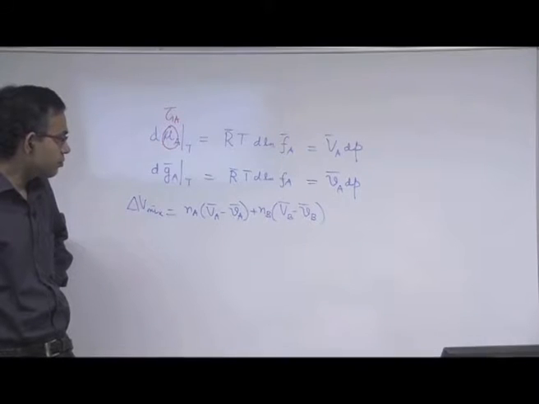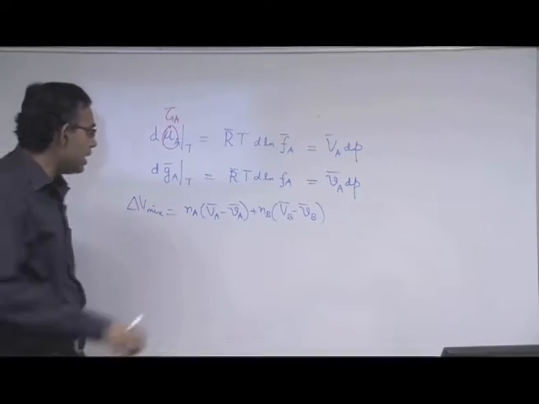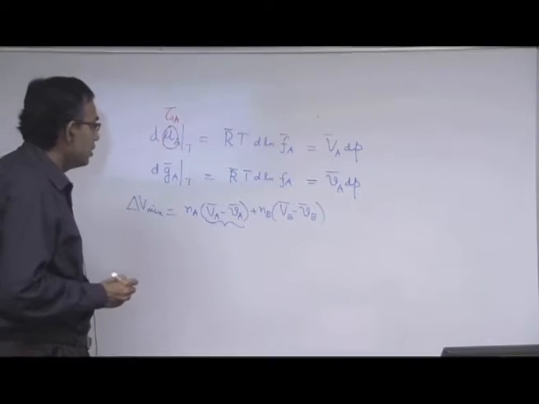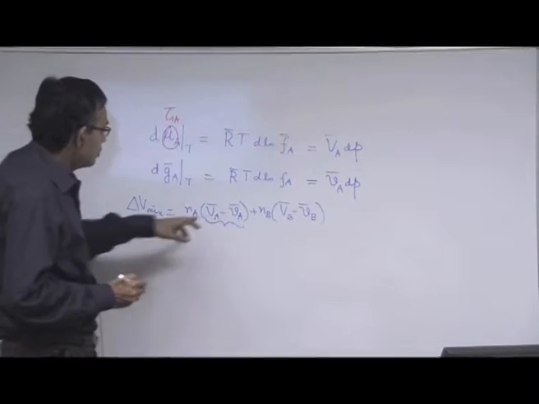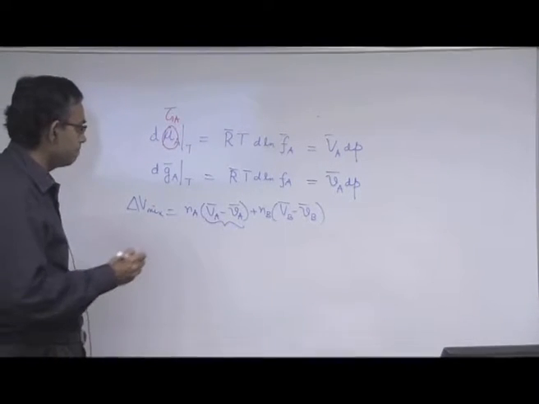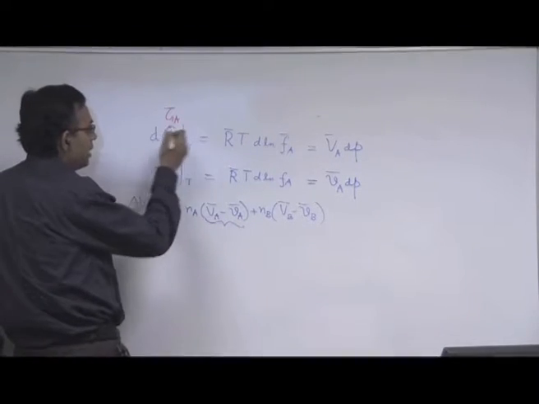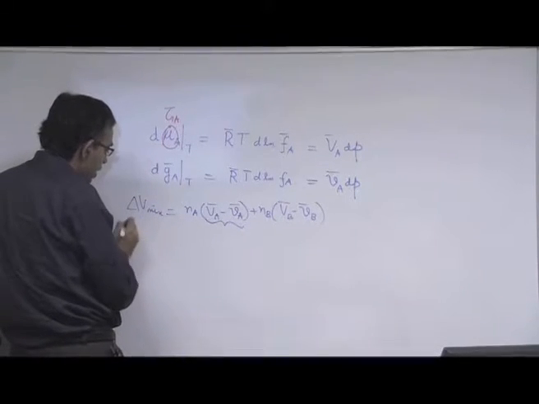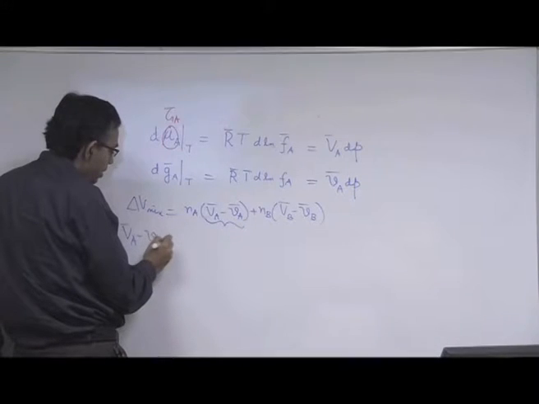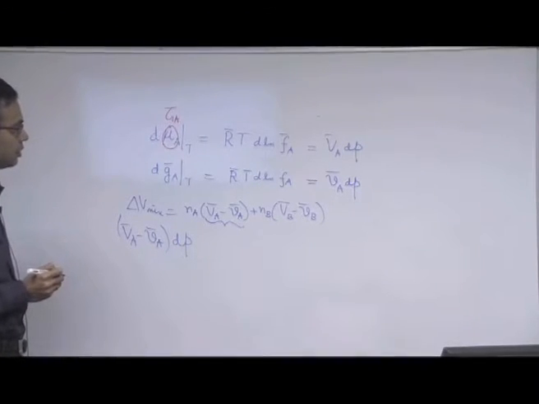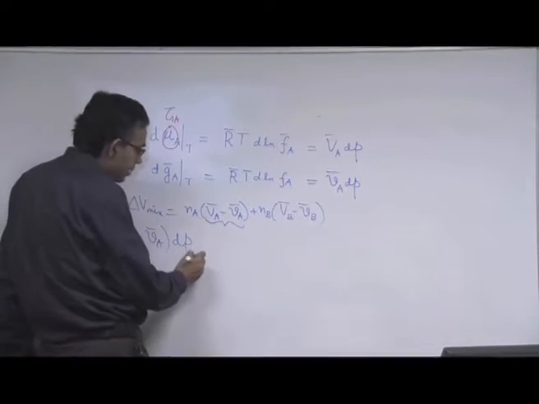Now we will calculate individual terms. Capital VA bar minus small va. So from the equations which are written at the top, we can write VA bar minus small va, dP at constant temperature.